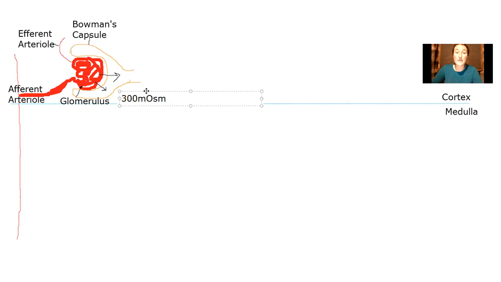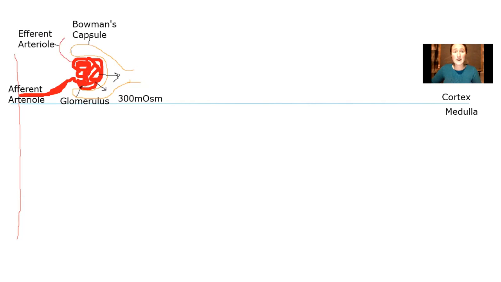Okay, and the reason that's important is because we are going to talk about diffusion, right, of water, of solutes across membranes. And so remember that stuff always flows down its concentration gradient. And so 300 is kind of the baseline here in the cortex.